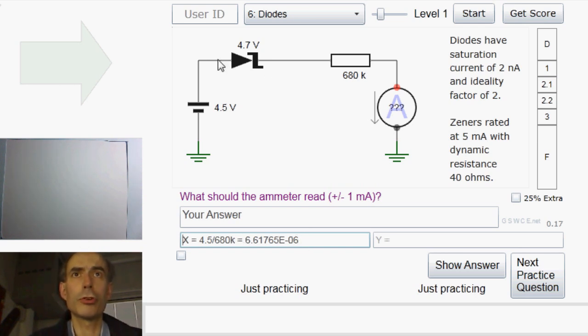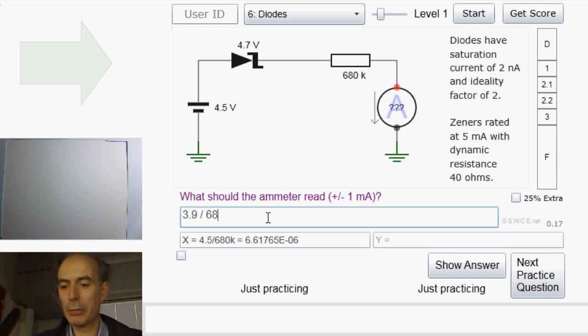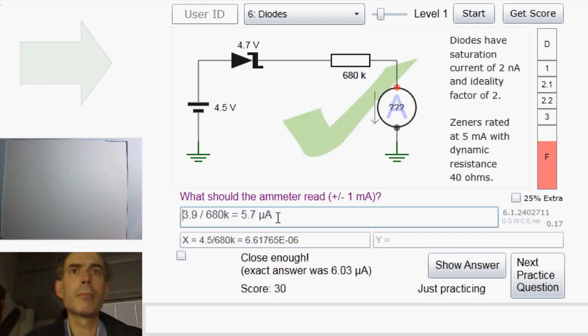Even if the voltage across that diode was 0, the maximum current flowing in the circuit would be about 6 microamps. That's a lot less than a milliamp, so I'm going to assume that the voltage across this Zener diode, using those rules of thumb, will be about 0.6 volts. So the voltage across here is 0.6, the voltage at this point here must be 3.9. So the current I'd expect to read is about 3.9 volts divided by 680k. And close enough. Great.